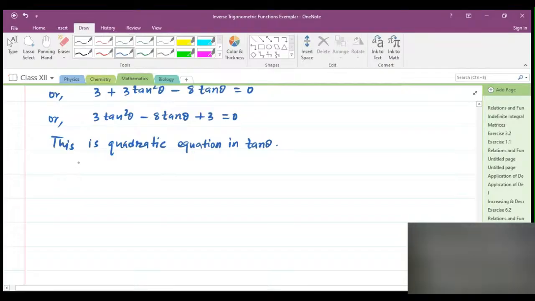Therefore here a equal to 3, b equal to minus 8, and c equal to 3.